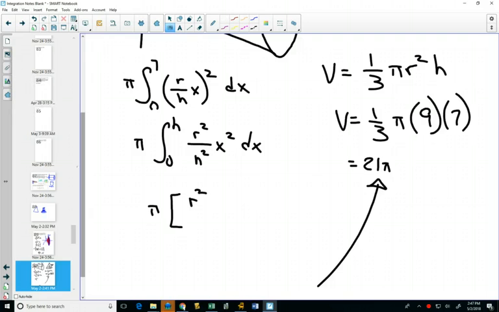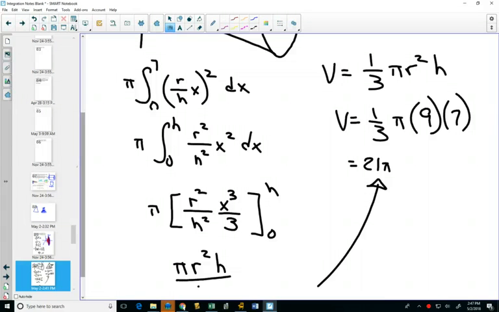We'll get R squared over H squared, X cubed over 3 from 0 to H. You plug in H. H cubed over H squared is going to result in just pi R squared H, all divided by 3, is equal to volume. And there's the formula. We just made the formula. Instead of having to memorize it, we invented the formula. Or we took an idea to create the formula.